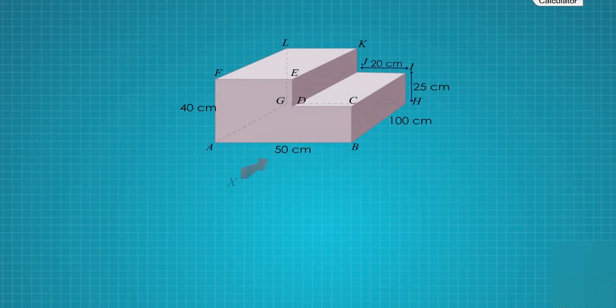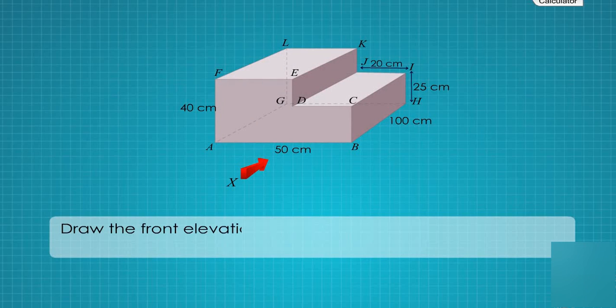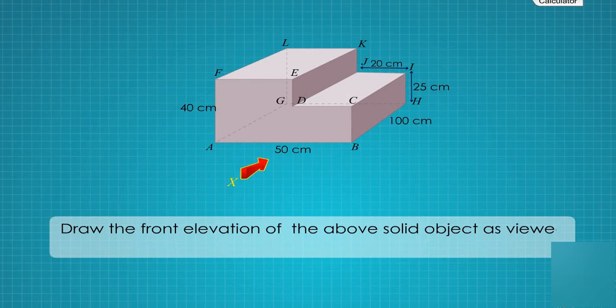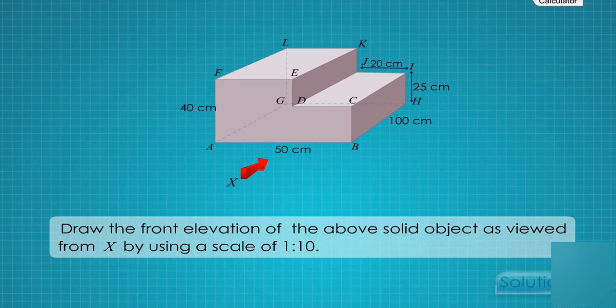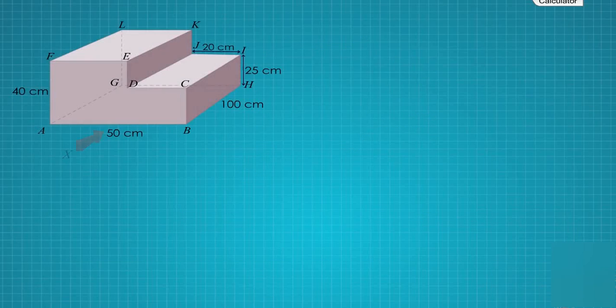Third example. Draw the front elevation of the given solid object as viewed from X by using a scale of 1 to 10. As before, click on the Solution button to view the steps on how to calculate the measurements for the elevation. For this object, the front elevation as viewed from X is the orthogonal projection of the vertical plane parallel to ABCDEF.